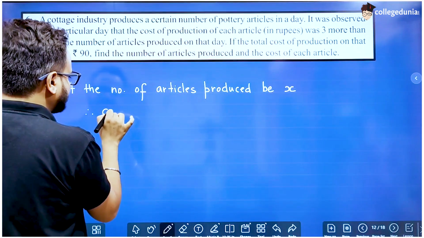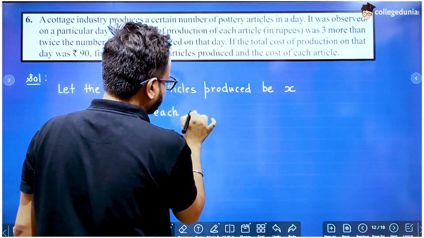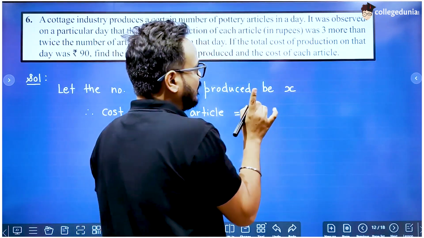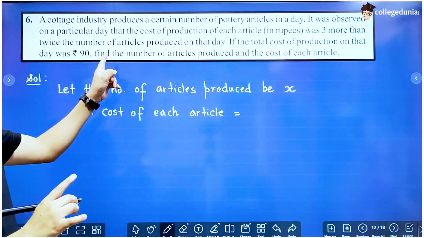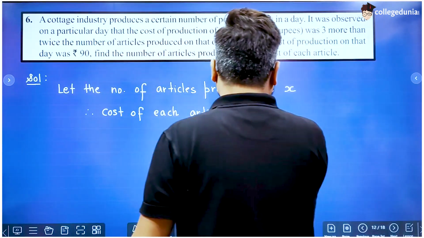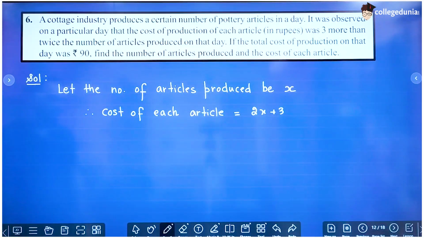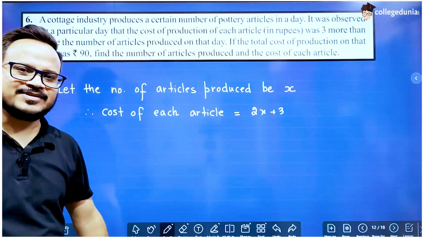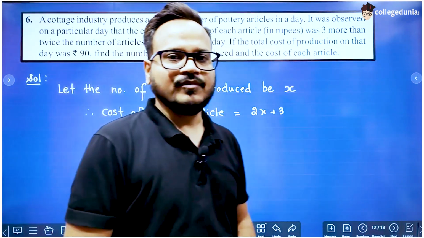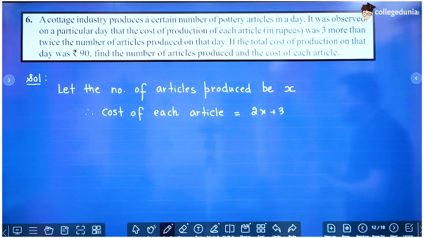Therefore, the cost of each article is three more than twice the number of articles produced on that day. So number of articles produced are x. So the cost of each article is 3 more than twice the number of articles produced, that is 2x plus 3. So the total cost of production is what? x into 2x plus 3. If 5 articles are being produced on a particular day and the cost of production of each article is rupees 10, so what is the total cost of production? 5 into 10, that is 50 rupees.